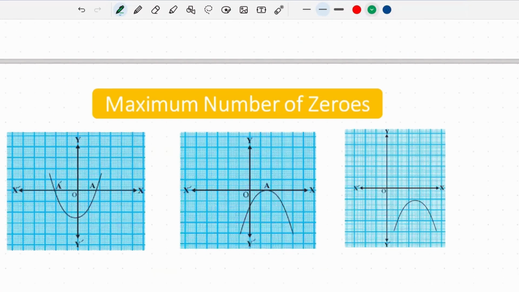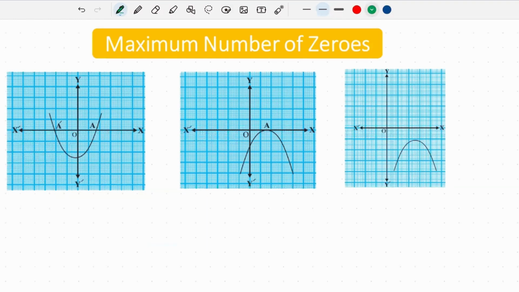Alright. So next is the maximum number of zeros. If we consider the quadratic polynomial, you can see that the shape of the graph is a parabola, or you can say it is U-shaped. In the first graph, you can see that it is touching the x-axis at 2 points. So there are 2 zeros for this polynomial.